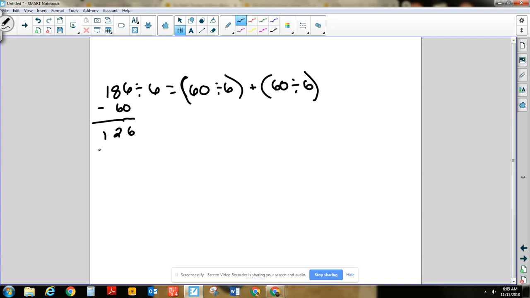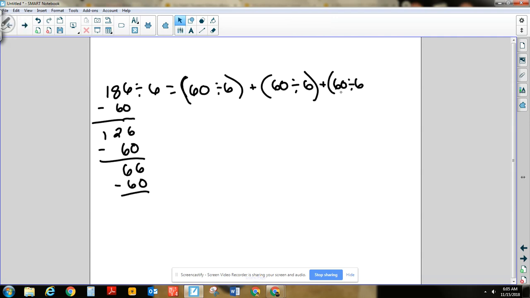I'm going to distribute away another 60. 12 minus 6 is 6. Well, I can take another 60 out. That's easy enough. Oops, gotta make sure I divide by 6. Now I got 6 left, and then I can distribute that 6 as just a 6, and 6 divided by 6.